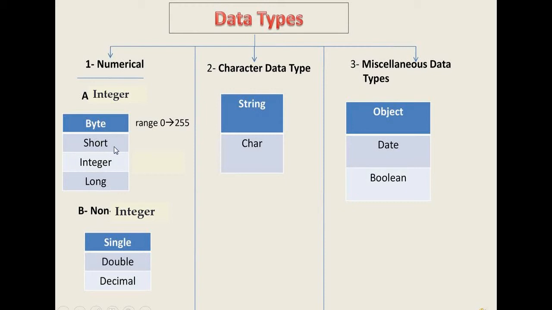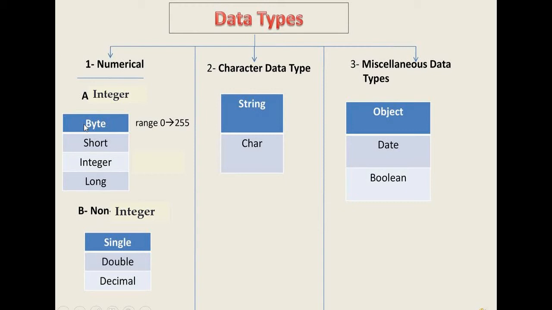Let's understand each one. Once again, these are the data types that the form provides for the user to enter inside each object, like a text box. The byte here has a range that starts from 0 to 255. This is the only valid value that should be entered inside the object.